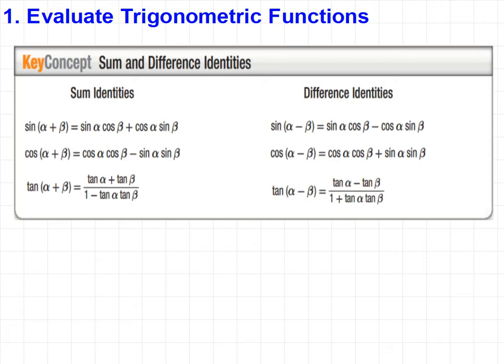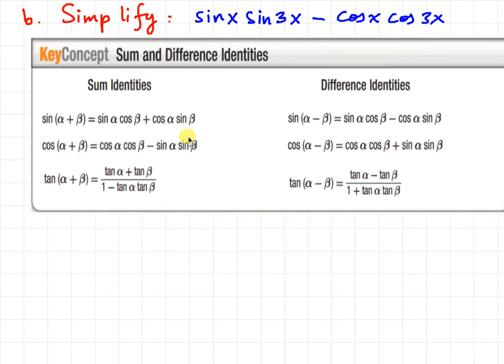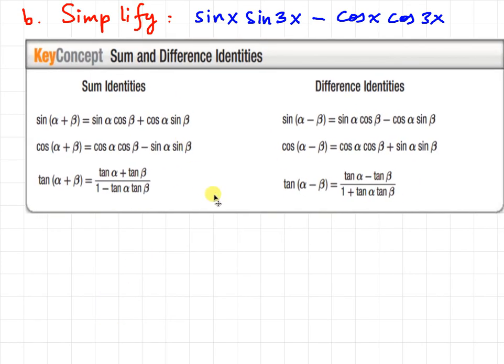Let me just grab this here and paste it here to make the comparison more clear. I have sine, sine, cosine, cosine. None of those start with sine, sine, cosine, cosine. But we have cosine, cosine minus sine, sine. Okay, so what can we do with this?